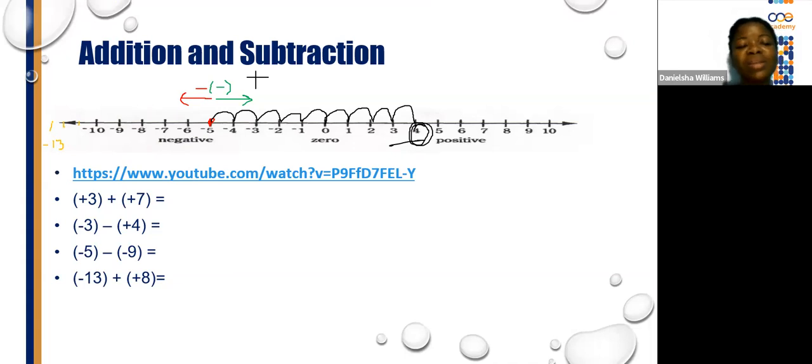So we are at -13 and we need to add +8. So we're carrying out our regular addition because we're just adding a positive number.